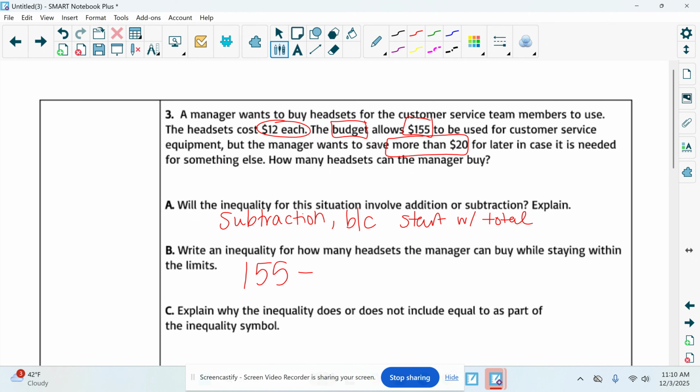Well, this right here, more than $20, that's the after part. We want more than or greater than $20 left over after we do this part right here, after we do the buying. So 12 each would represent, how would we represent 12 each? 12H, 12X, whatever you want to do.